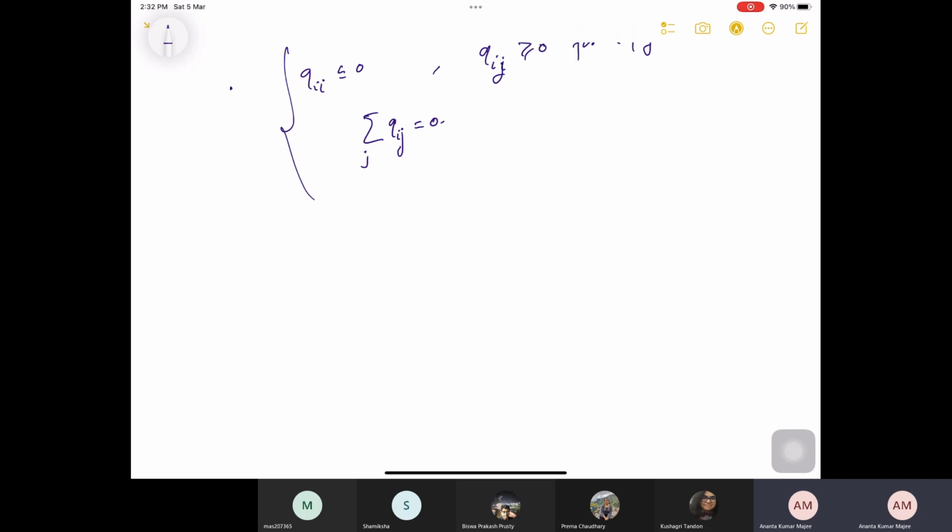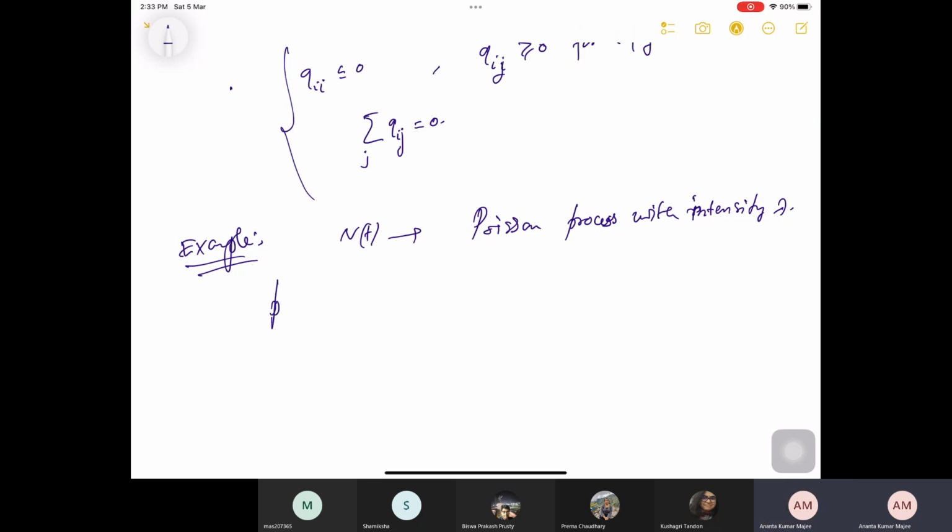As I told you, for the Poisson process you have two ways to define it. Let's consider one example. N(t) is a Poisson process with intensity lambda. I'm saying that it is a continuous time Markov chain. If you consider infinitesimal time, what is my P(i, i+1)(h)?